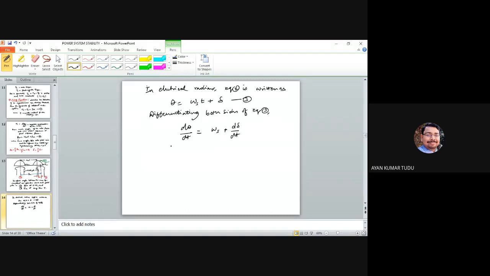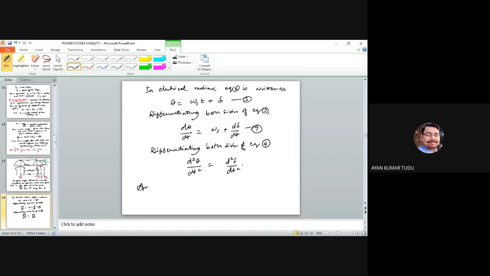Let this be equation 4. Again differentiating both sides of equation 4, we are getting d2 theta by dt square equal to d2 delta by dt square.